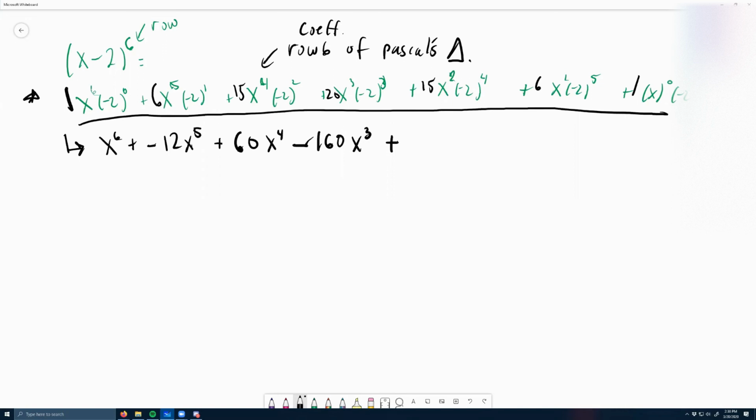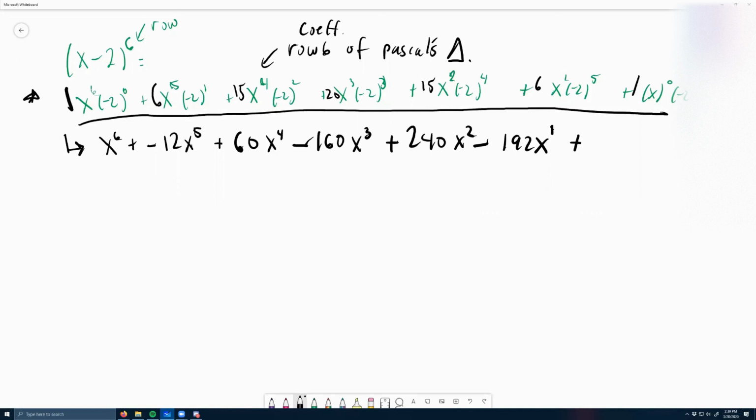Plus 2 to the 4th, which is 16, times 15. Thank you, Hazel. Anyway, 240x squared. Negative 2 to the 5th power is 32 times 6, negative 192x to the first power, plus negative 2 to the 6th power.